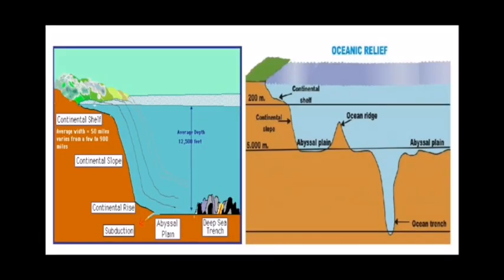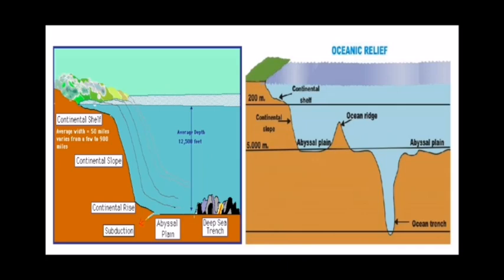Hello children, in this video we will be doing the fourth chapter in geography, that is the structure of the ocean floor. In this chapter we will be learning about the different landforms that are found under the water.